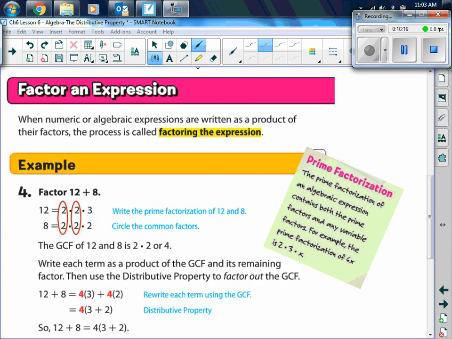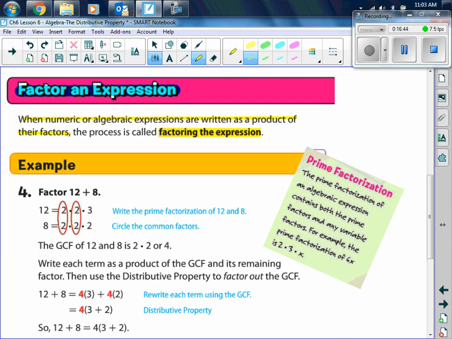So now we're going to factor an expression. Please make sure you write down this definition. When numeric or algebraic expressions are written as a product of their factors, the process is called factoring an expression.